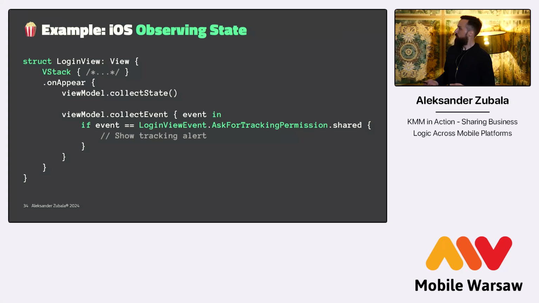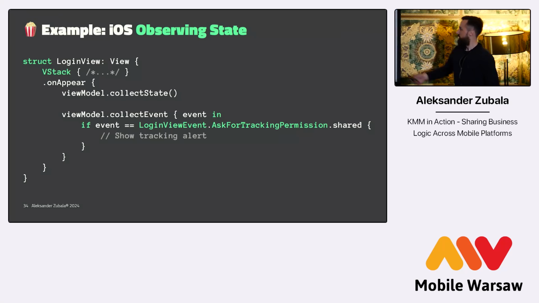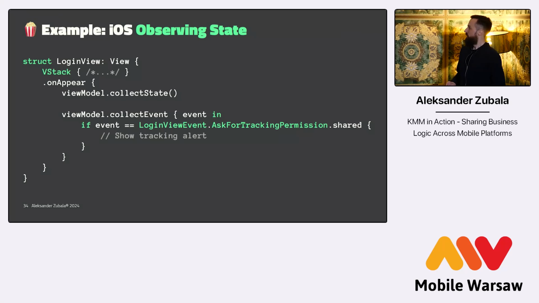So for example, in the on appear closure, we have to start collecting these state updates and collecting the events. So here, for example, we can check if we should show the tracking permission, right? This collect state is coming from the extension that I showed before, but basically we are registering, like subscribing to the flow. Like in the Rx world, you would just subscribe and add it to the disposable bag, right?